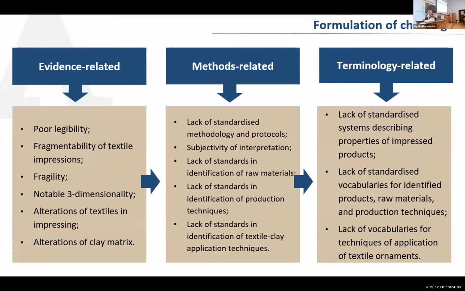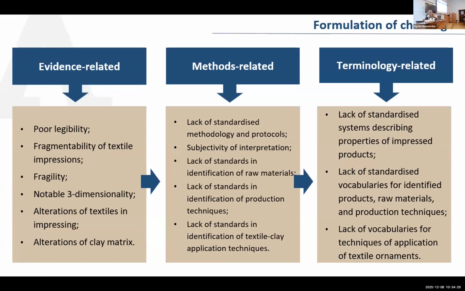And then there are also problems which are terminology related. So we still lack standardized systems describing properties of impressed products. And this is especially visible when we look at publications in national languages. For example, for Poland, there were a lot of publications in Polish describing textile imprints, but almost each of them uses different terminology.